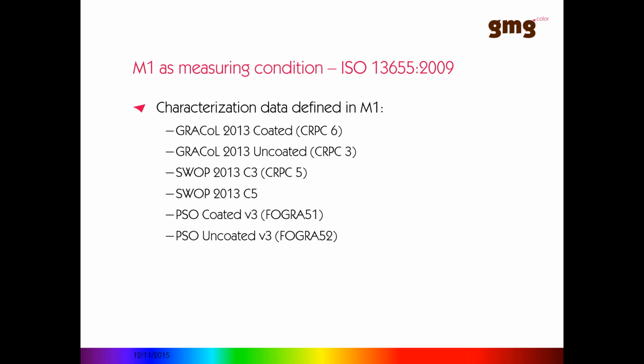So FOGRA51, the official name is PSO Coated v3. This is the successor of FOGRA39, ISO Coated v2. And FOGRA52, official name is PSO Uncoated v3. This is the successor of FOGRA47, so PSO Uncoated.